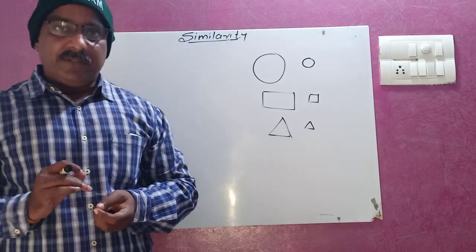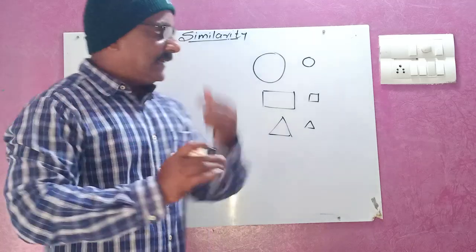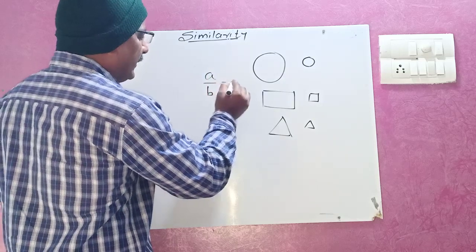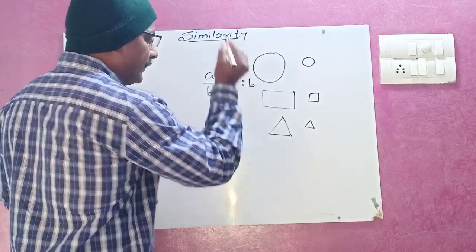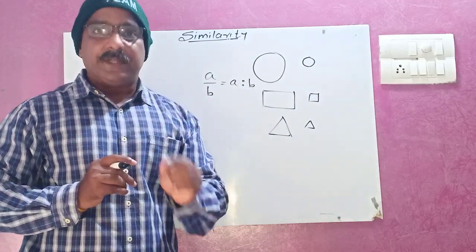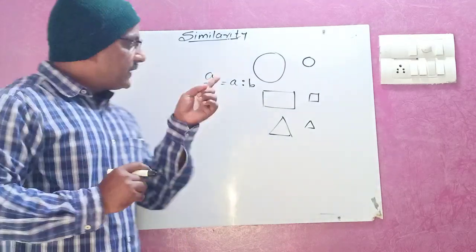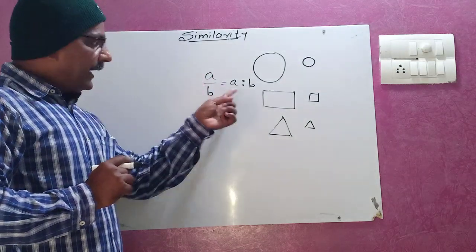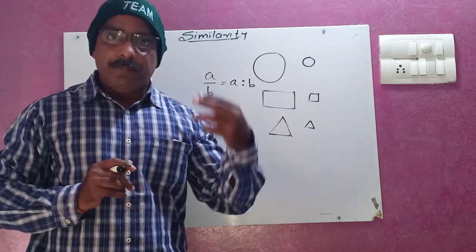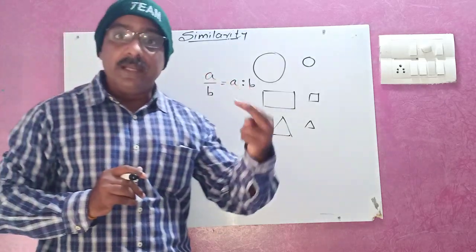Also in algebra, children, you have done ratio and proportion. How will you write the ratio between two numbers? Say like this: A upon B, or you will write this as A is to B. So in 10th standard geometry, first chapter similarity, we will talk about the ratio A to B. But in geometry we will talk about the ratio between the areas of two similar triangles.